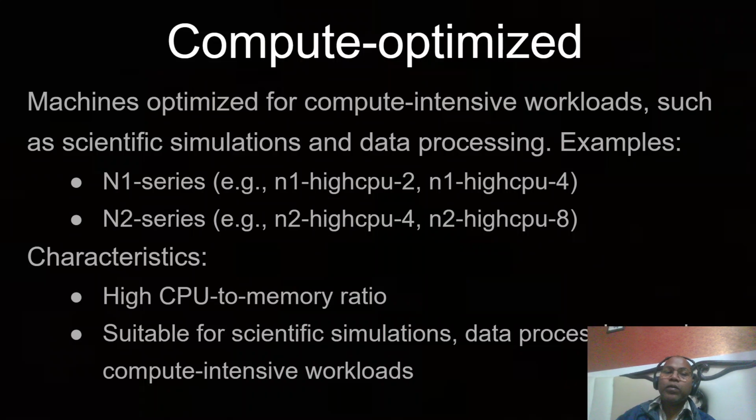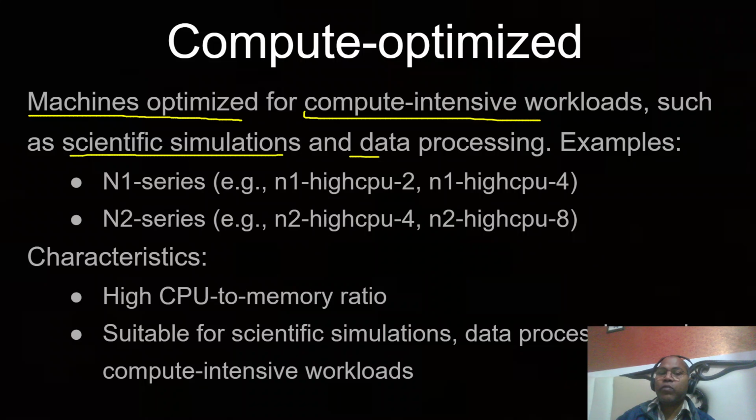These machine types are for compute intensive workloads, like many scientific simulations or big data processing. Again, the key point here is a high CPU to memory ratio, and it is suitable for scientific applications, simulation, data processing, and medical image processing.